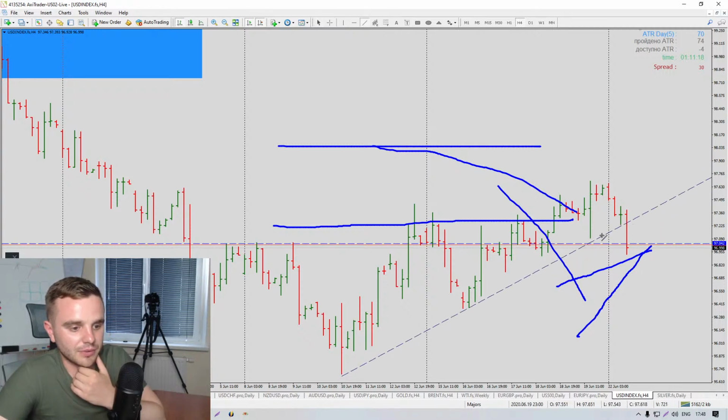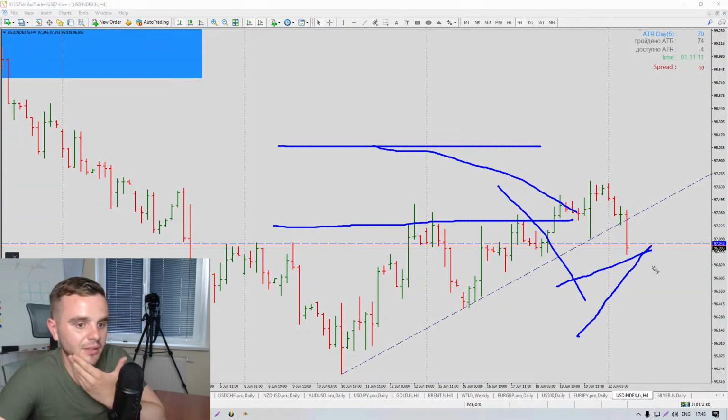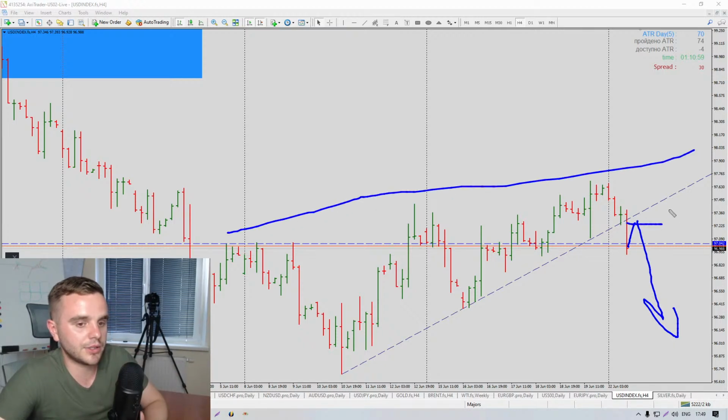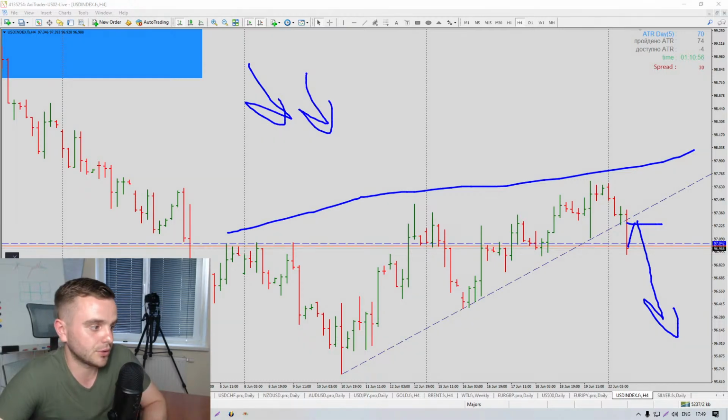Technically, to be honest with you, as you can see, price has already broken down this trend line. That's why technically it now looks like a bearish picture, and some pullback can create an accurate sell. Technically it's bearish at this moment. Why? Following wedge, breakdown, global trend down, local trend down, and that's all.